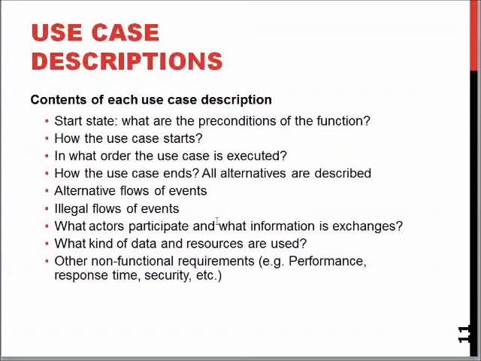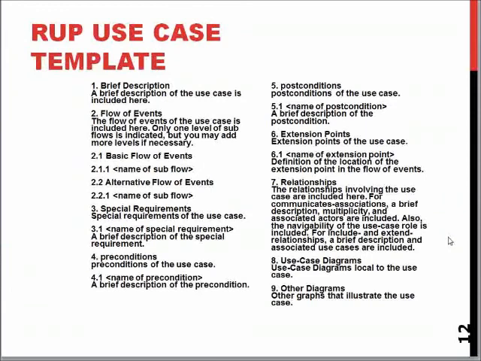And other things that can be defined are what actors participate in the activity, what information is exchanged, so we know what sort of test material we have to prepare, what kind of data and resources are used, and other non-functional requirements, for example for performance, response times, security and other things that are needed to ensure that the use case happens without problems.